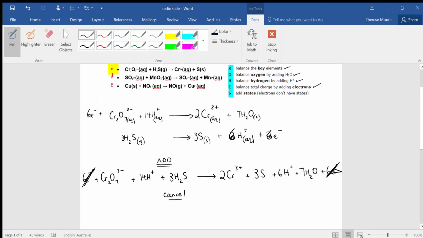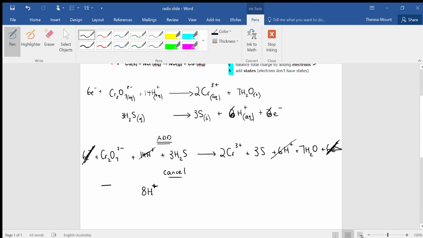So I've got 14 H+ here, 6 H+ there. So I can eliminate 6 from that side and 6 from this side. 14 minus 6 is 8. So I'm left with 8 hydrogen ions. I've cancelled out my electrons.